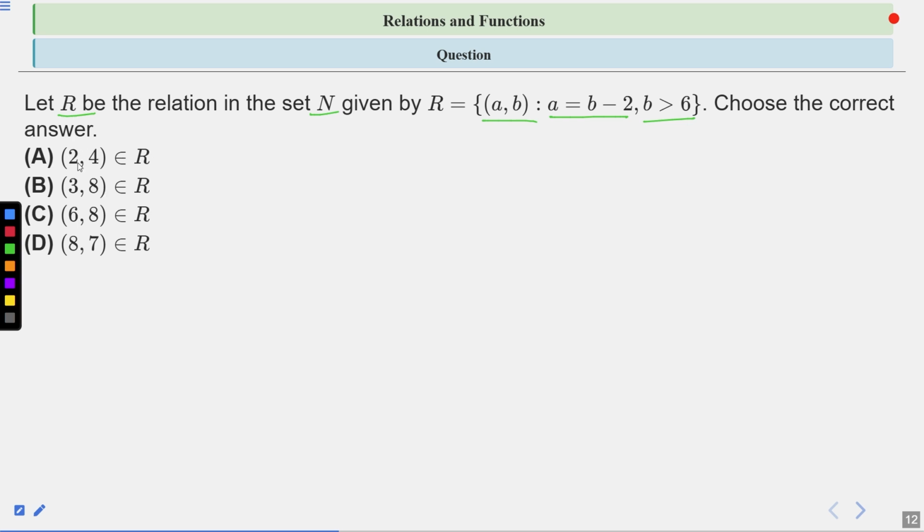For A, the pair (2, 4) belongs to R. We have to see if it belongs to R. For B, (3, 8) belongs to R. For C, (6, 8) belongs to R. For D, (8, 7) belongs to R. So we just have to choose the correct option. Simple. You'll have some seconds to try this problem, then afterwards we will move on to the solution slide. So your time starts now.